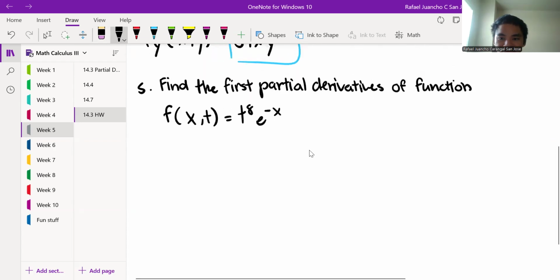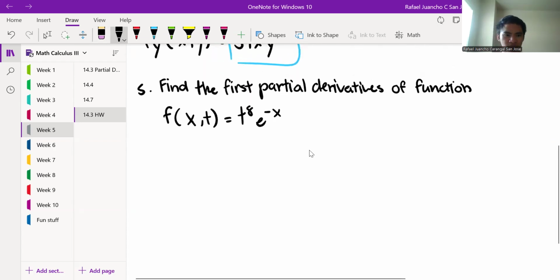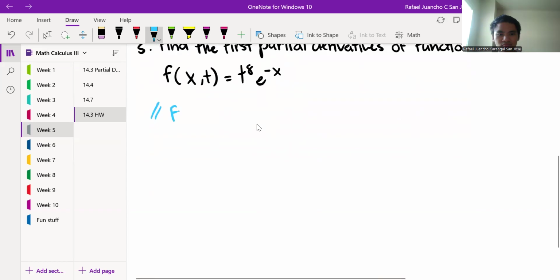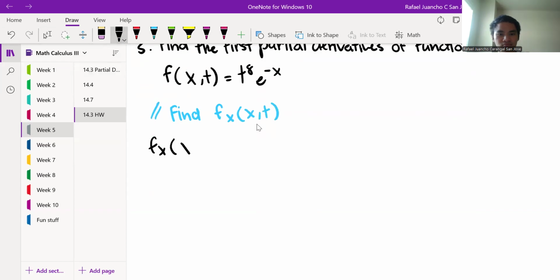Let's see. So first we find f sub x of x, t. And then we take the derivative here.